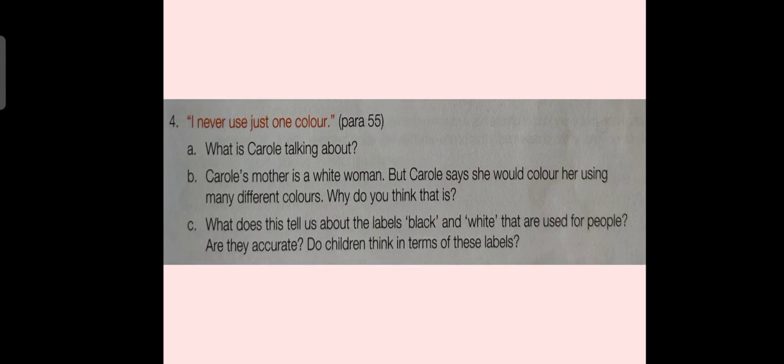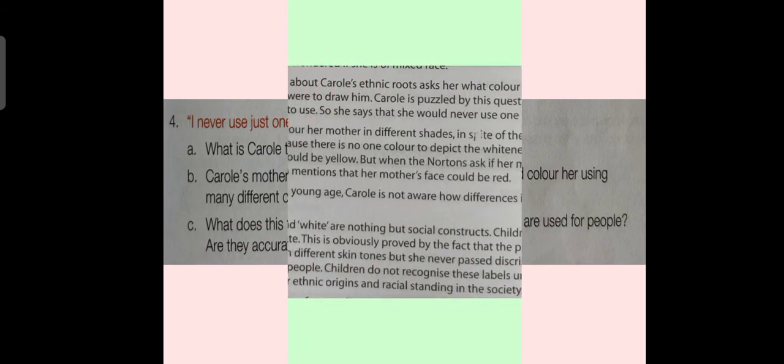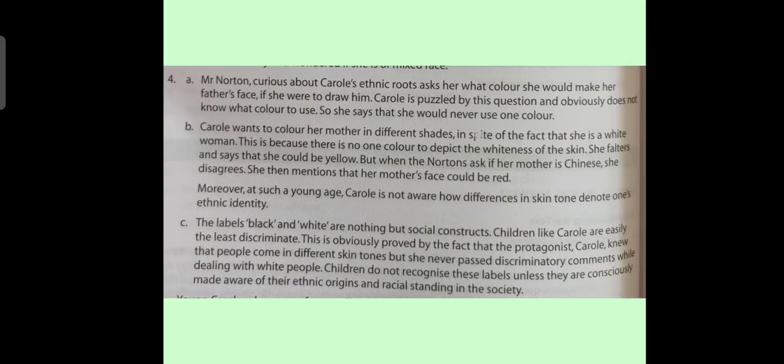Question B. Carol's mother is a white woman, but Carol says she would color her face using many different colors. Why do you think that is? Answer B. Carol wants to color her mother in different shades in spite of the fact that she is a white woman. This is because there is no one color to depict the whiteness of the skin.